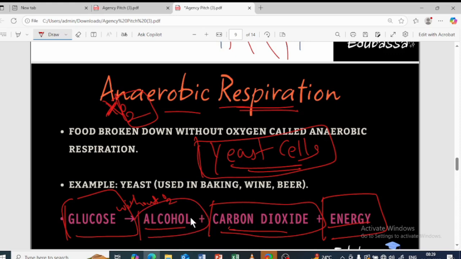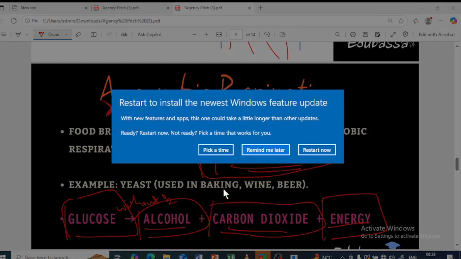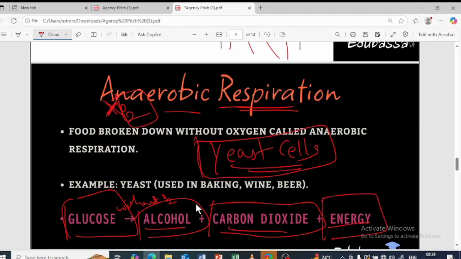Since alcohol is produced, therefore these yeast cells are used to produce wine as well as beer, because alcohol is produced here, right? Yes.